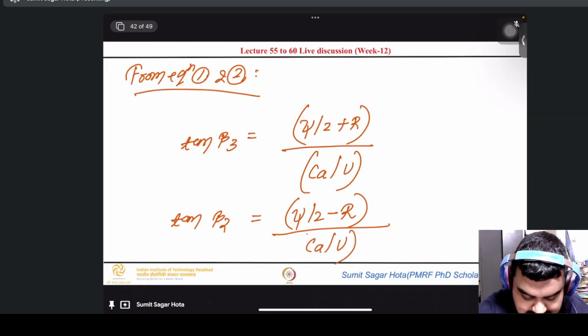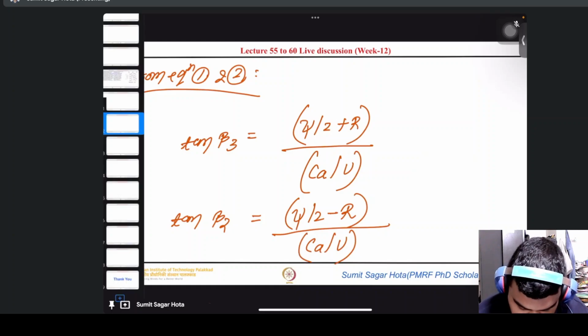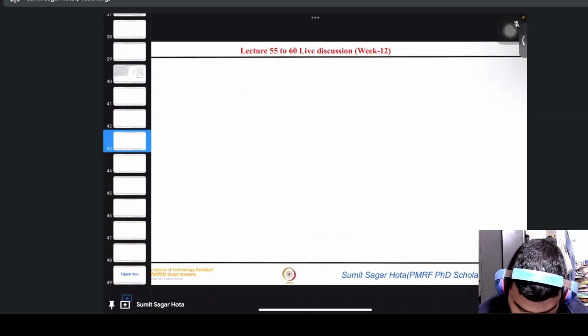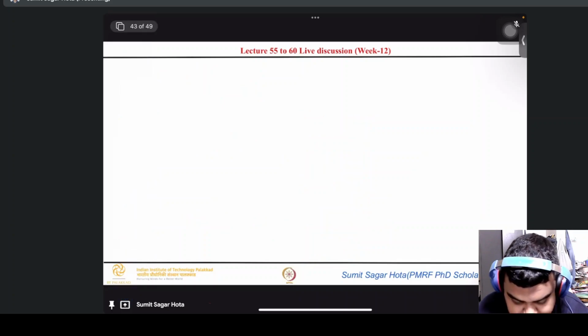So next, now substituting the values of psi and Ca by U, which we take as phi, and the degree of reaction Rx, we can find out beta 3 and beta 2.